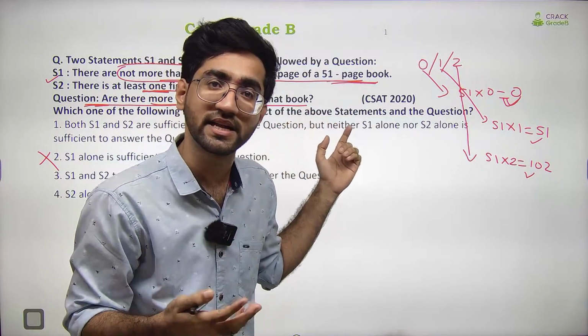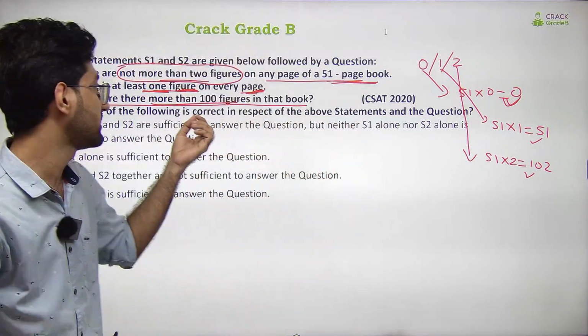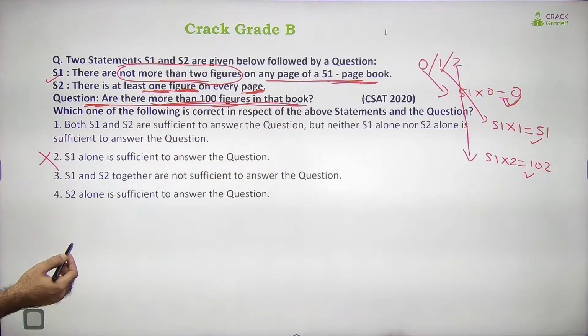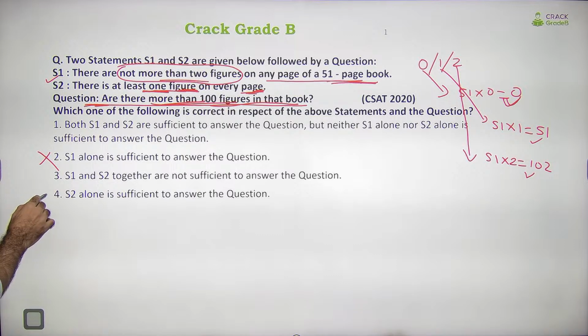So even in that case you will not be able to answer whether there are more than 100 figures in that book. So you can't answer this question by using statement 2 alone.